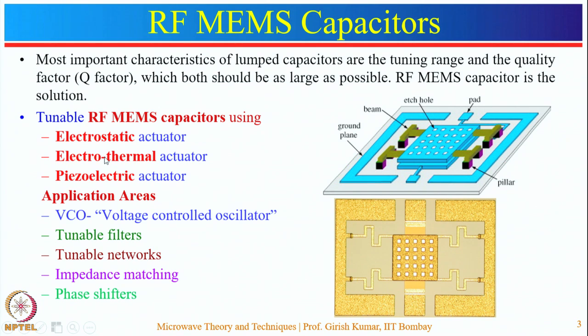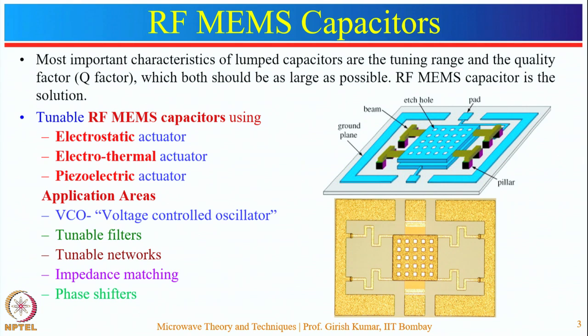These could be electrostatic, electrothermal or piezoelectric. In this case, firstly, the gap is changed by the electrostatic actuator by applying the bias voltage. This can be changed to 1/3 of the gap between the plates, which corresponds to a 50% increase in capacitance.